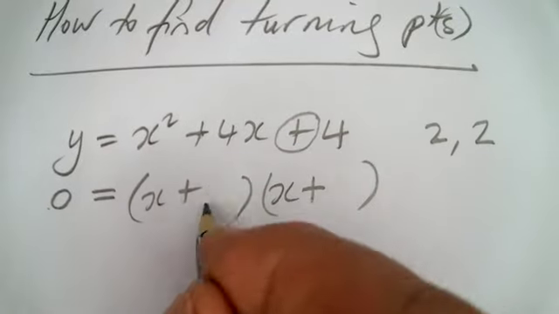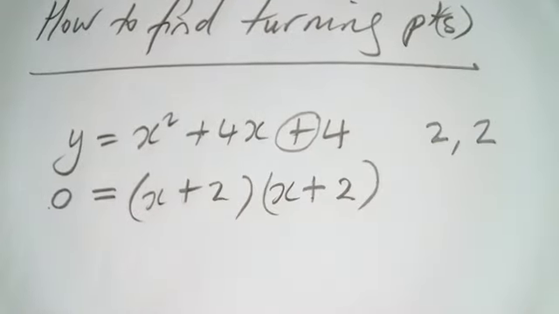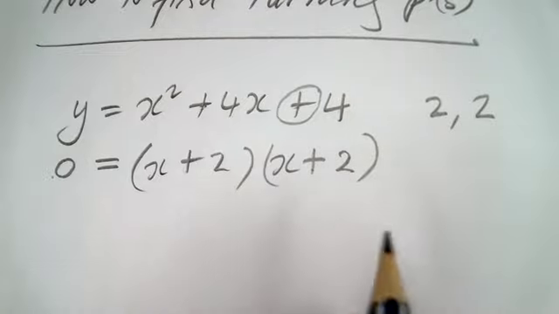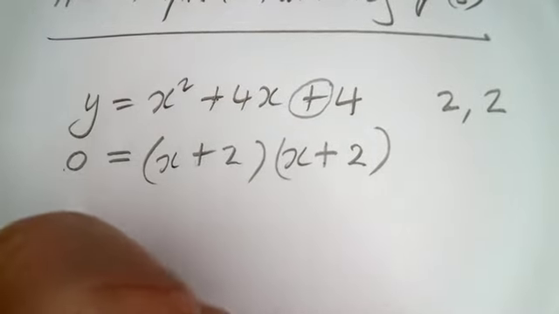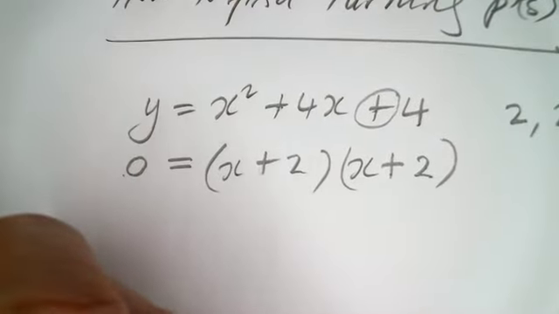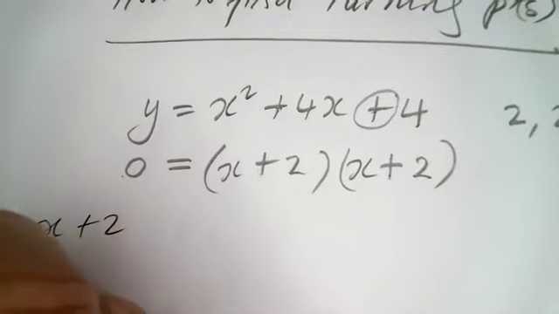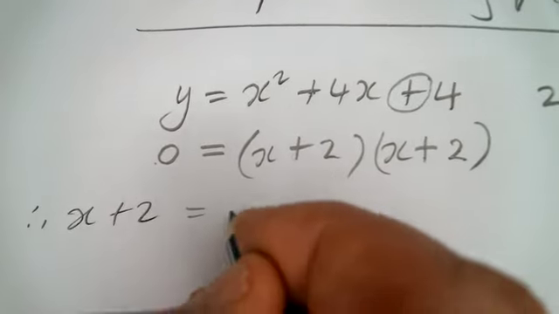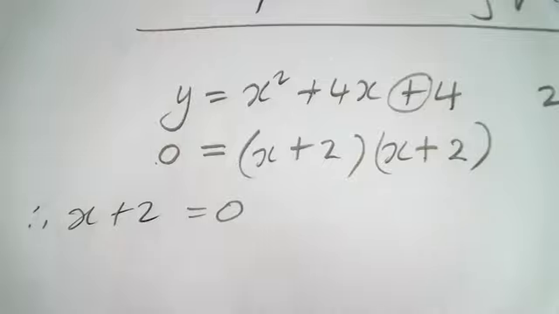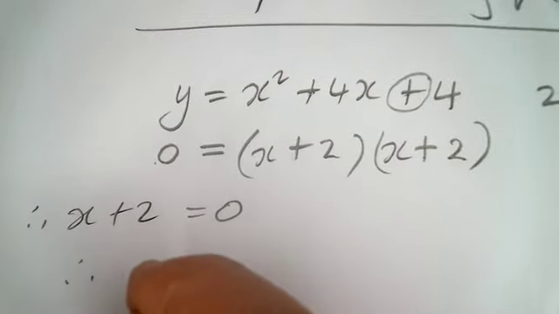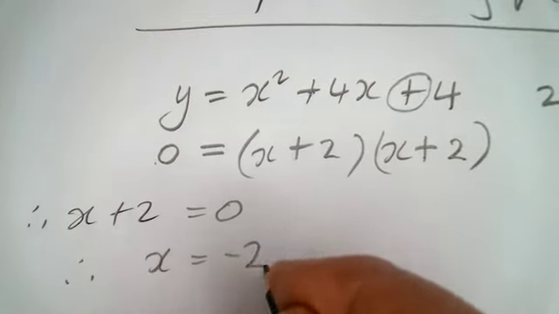There they are, so it's going to be 2 and 2. Nice and simple. So this is a perfect square. So we could say x plus 2 is equal to 0. Therefore, x is equal to negative 2.